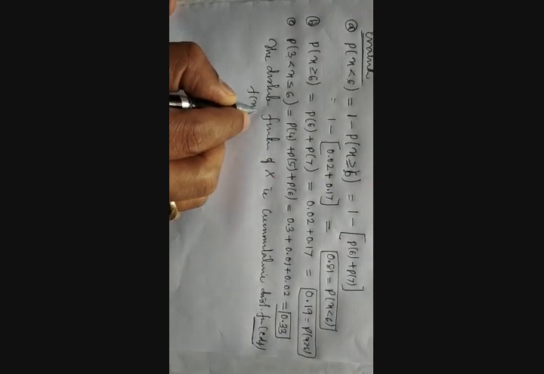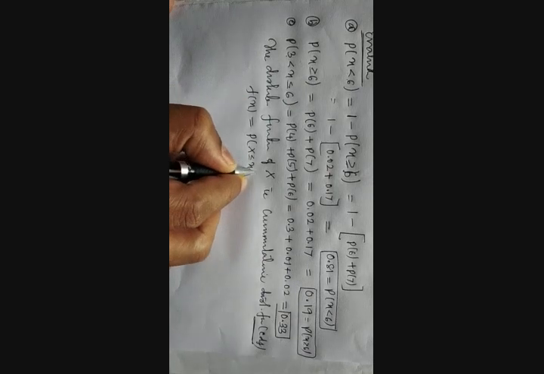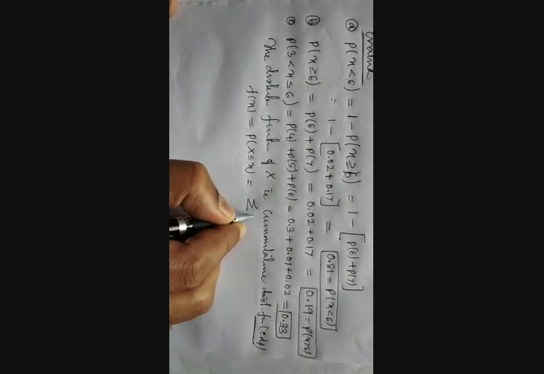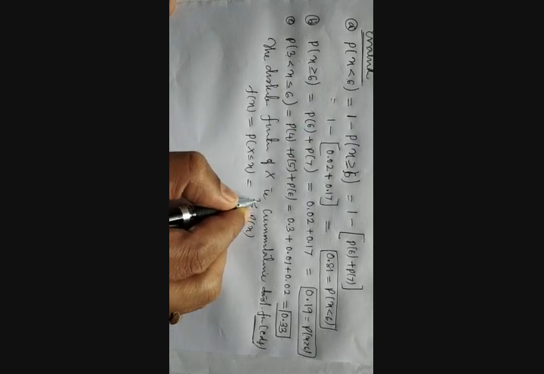The cumulative distribution function says F of x is equal to probability of X less than or equal to x, which is nothing but the summation of probability of x where i is from 1 to x.